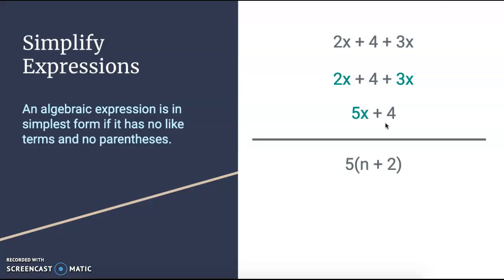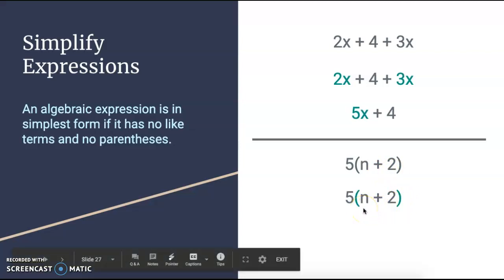Like we looked at last week, 5 times the quantity n plus 2 is not in simplest form because it has these parentheses. So we learned last week that this means to distribute and take the 5 and multiply it by the terms in the parentheses so that we get 5n plus 10. This is in simplest form because it has no like terms and no more parentheses.